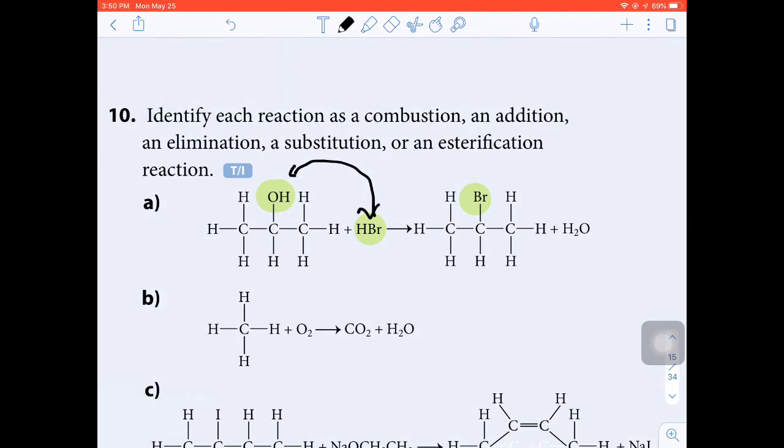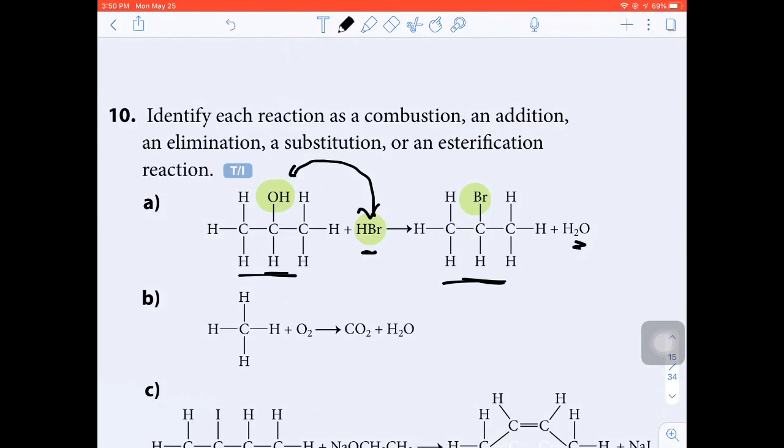So that is a substitution reaction. Again, remember, it's just like a double replacement reaction, where I end up with HOH over here, which is water, and I end up with my bromopropane, and here I end up with my propane with an alcohol, or propanol.